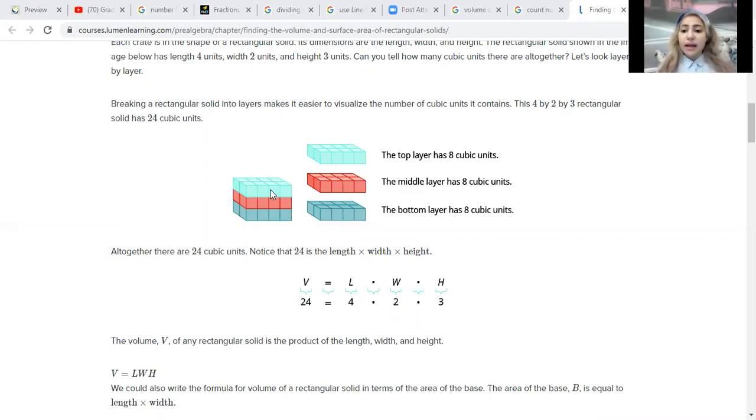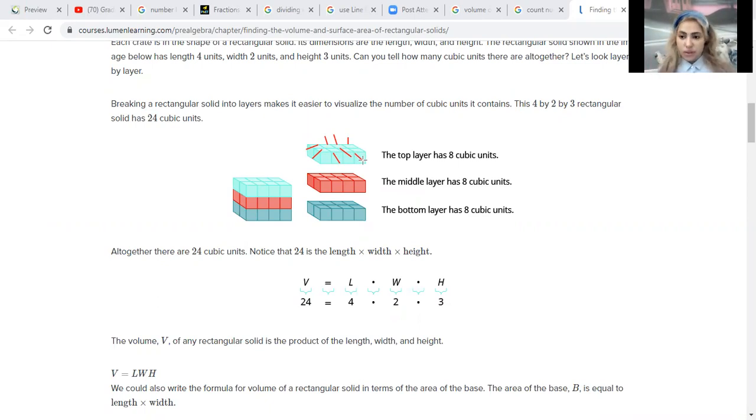It has the light blue, the red, and the dark blue layers. So I have 3 layers. The top layer has how many cubic units? 8. Let's count: 1, 2, 3, 4, 5, 6, 7, 8. So I have 8 cubes in every layer, and how many layers do I have?